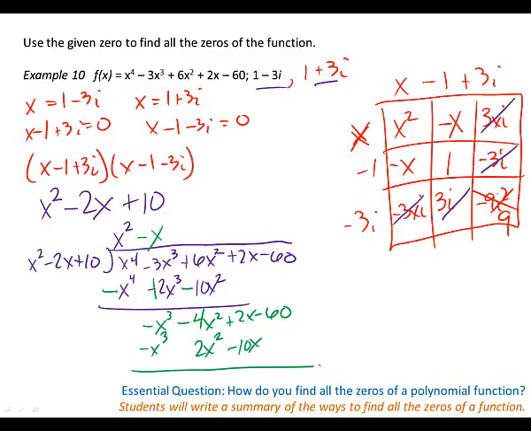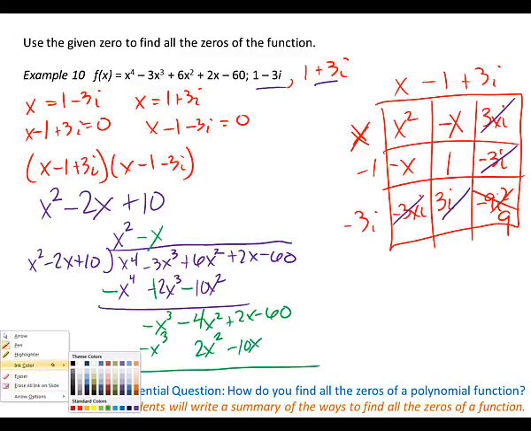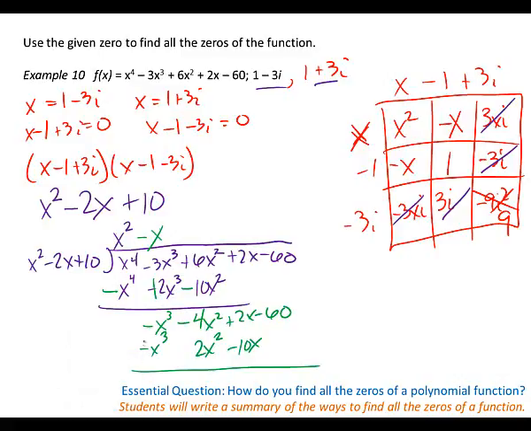Negative 10x. Good. All right, I'm going to do what to all the signs? Switch them. So plus, minus, plus. The cubes go. What's negative 4x squared, negative 2x squared? Negative 6x squared. 2x and 10x is? 12x. And then drop down the negative 60.